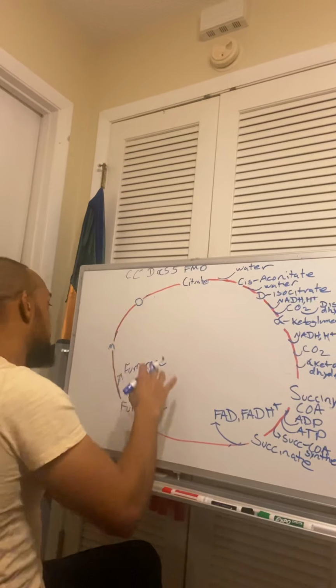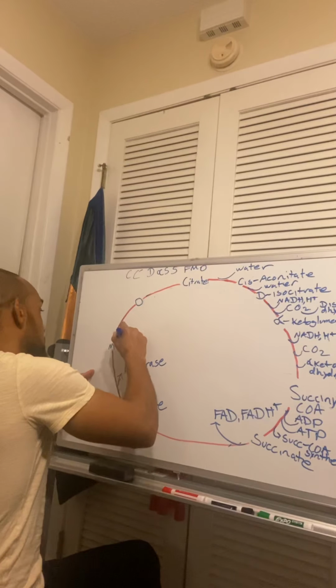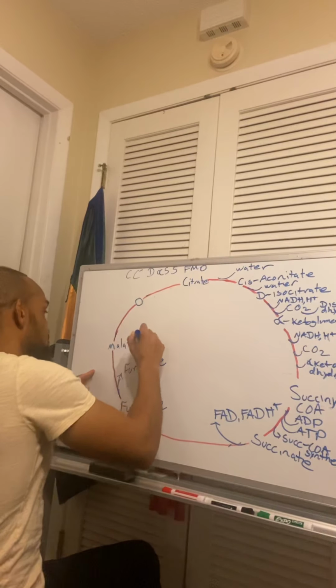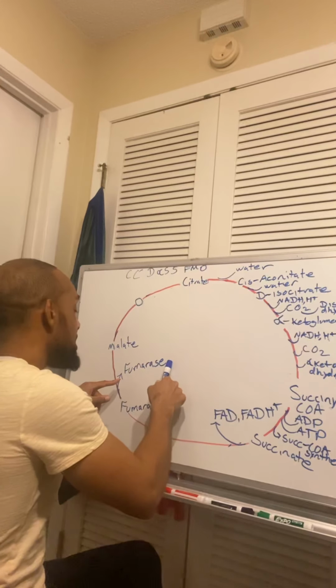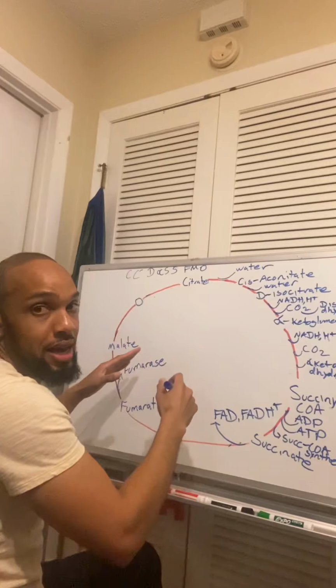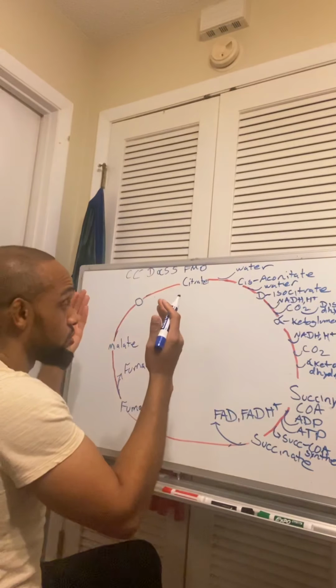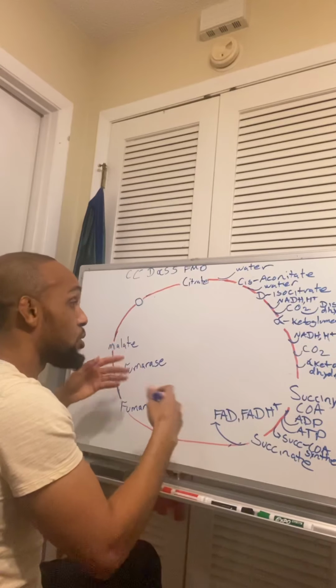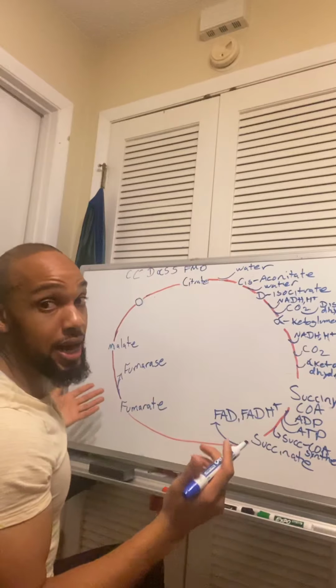It's going to catabolize that, and that's going to lead into malate. Just a quick side note: anything ending in ASE is likely an enzyme. It's going to be catabolizing something. And when something is catabolized, that means that something is being broken down chemically.